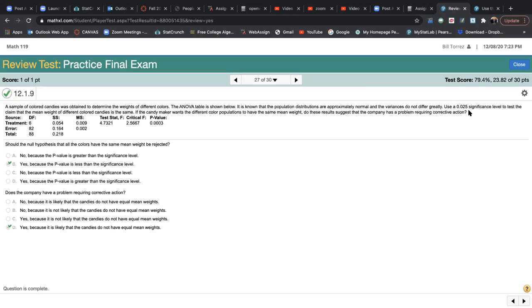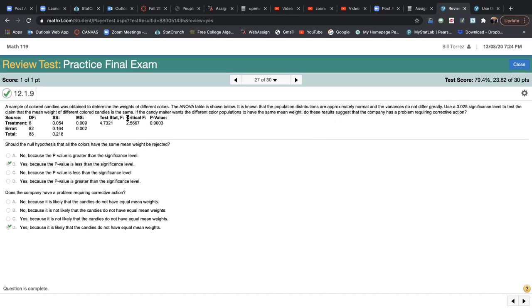Use a 0.025 significance level to test the claim that the mean weight of different colored candies is the same. And then finally, if the candy maker wants the different colored populations to have the same weight, do these results suggest that the company has a problem requiring corrective action?